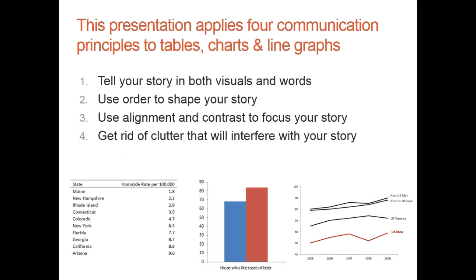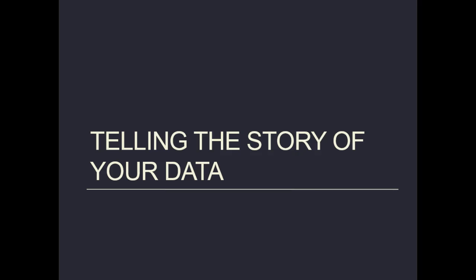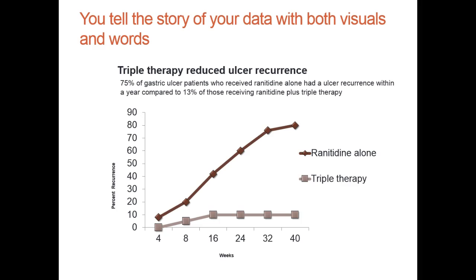All right, so let's go ahead and focus on telling the story of your data. And I really want to hone in that visualizations tell a story. And we tell this story with both visuals and words. So this is, you've seen this study before in some of the materials.